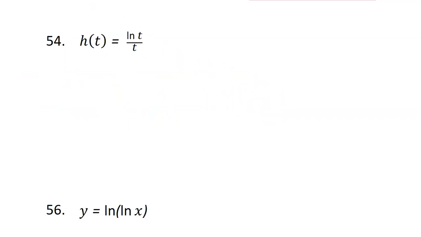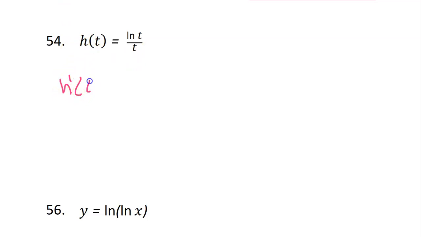Listen to this quotient rule poem. Low d high, less high d low. Draw the line and down below, the bottom squared will go. Love it. Okay, so when I say d high, I'm talking about the derivative of the top. D low is the derivative of the bottom. So I'm going to say that poem again as I work it out.